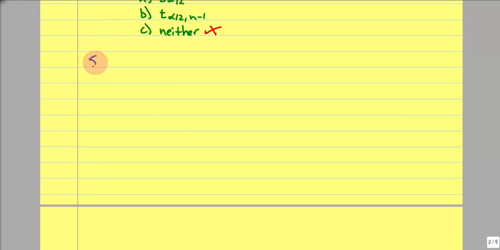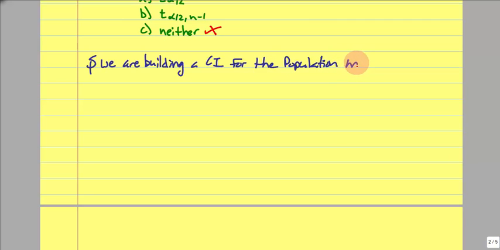For this third one, let's go ahead and suppose we are building a confidence interval for the population mean. Now we have to decide what distribution we are using given the information. Given that we're looking at, let's say, a 90% confidence interval, the level of confidence doesn't really matter in that choice.